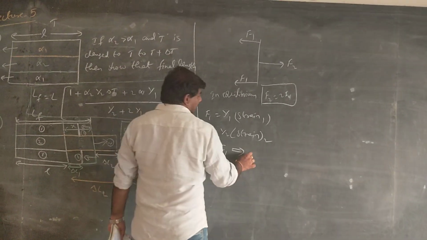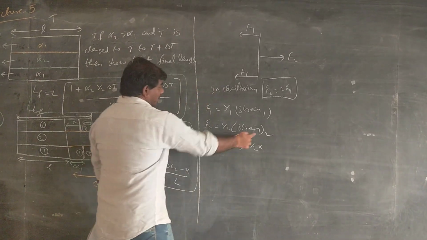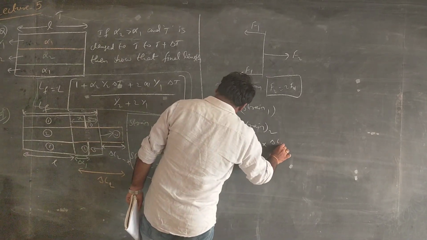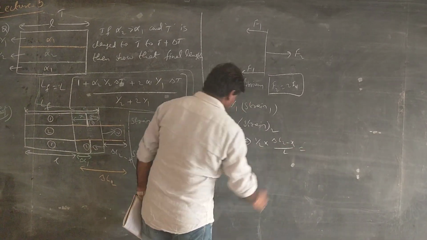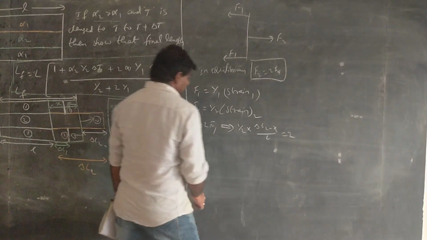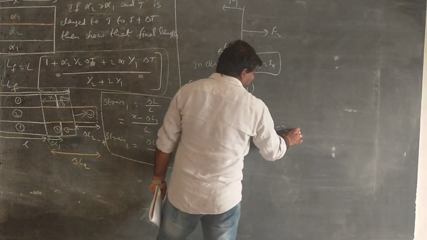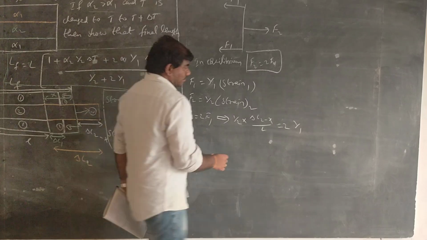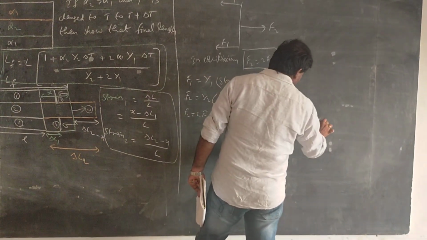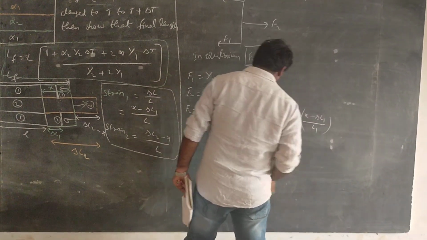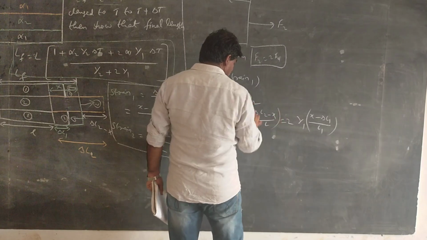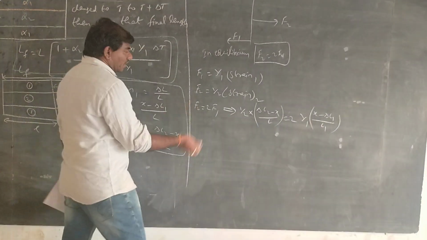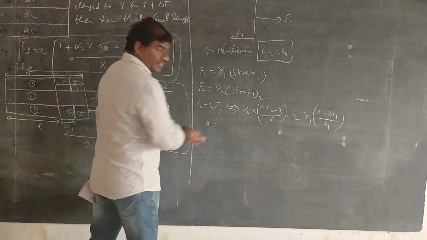That implies Y2 into strain 2, two times F1, that is Y1 into strain 1. Just equate both. On equating, you will get x first.